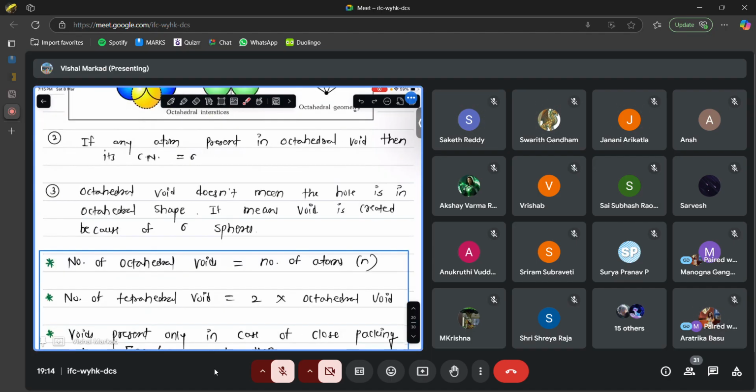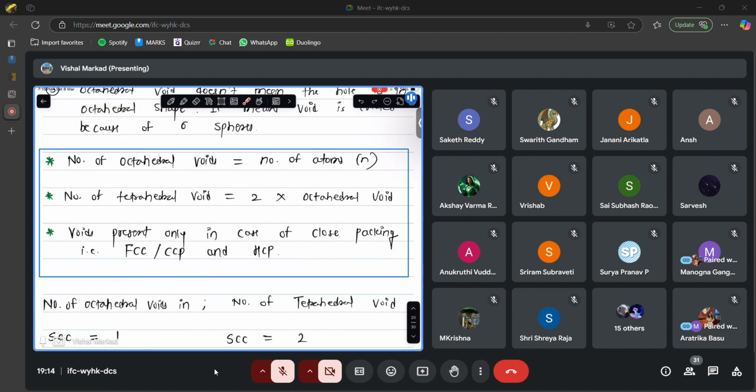Look here now. The number of octahedral voids is equal to the number of atoms, that n value. So how many octahedral voids are present in FCC? Four. In BCC? Two. In SCC? One.